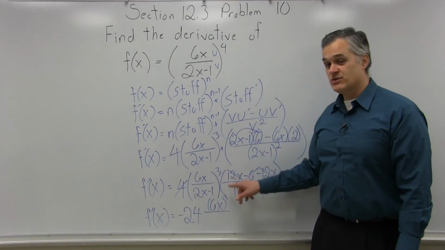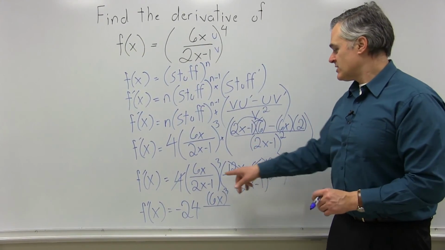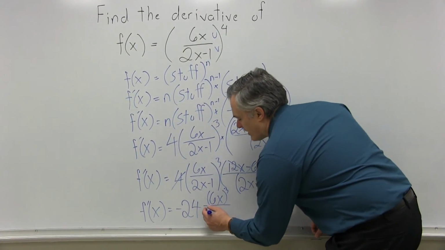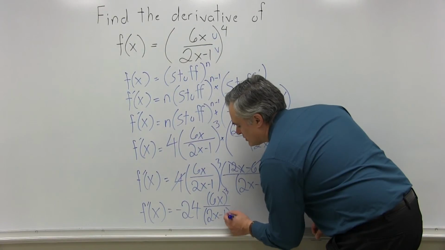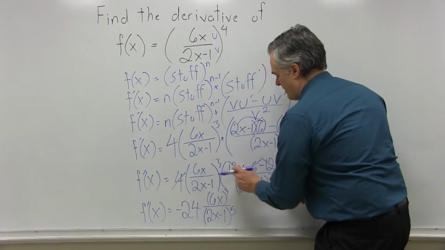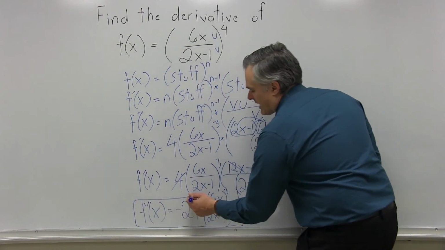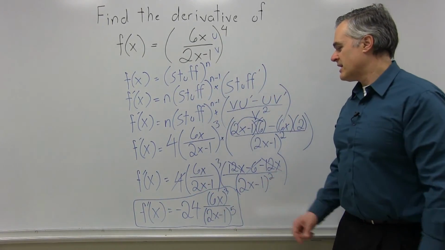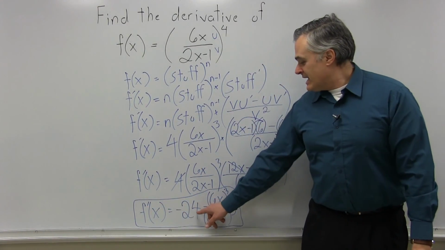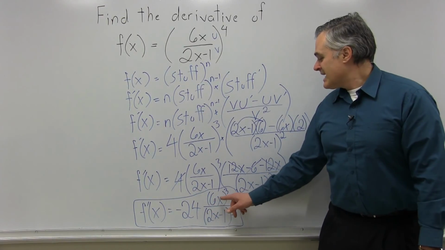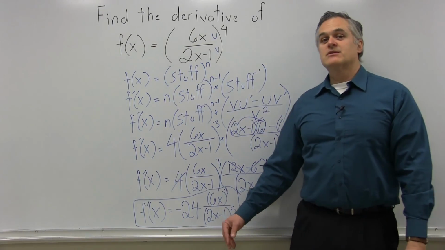If I combine those, when you have the same base and you multiply, you add the exponents. So third power plus second power gives 2x minus 1 in parentheses to the fifth power. That's about as simplified as you would get. You don't have to simplify it that much, but the final simplified answer is f prime of x equals negative 24 times 6x in parentheses to the third power over 2x minus 1 in parentheses to the fifth power.